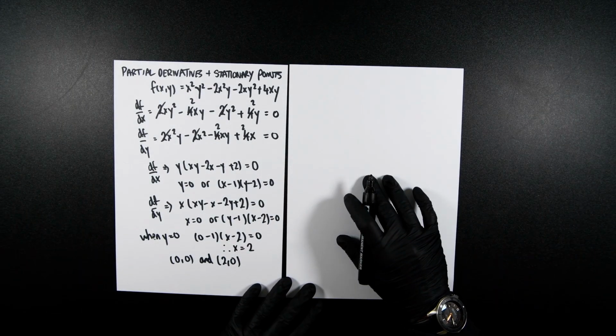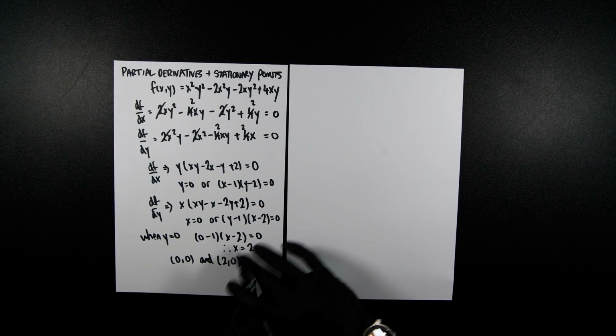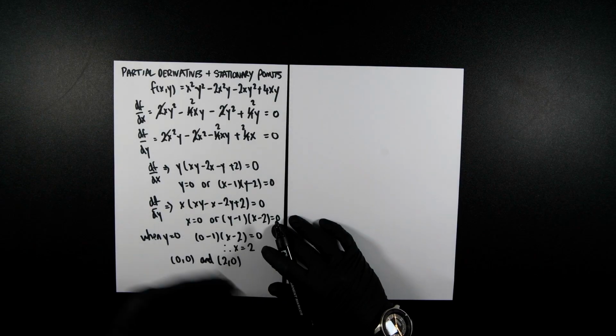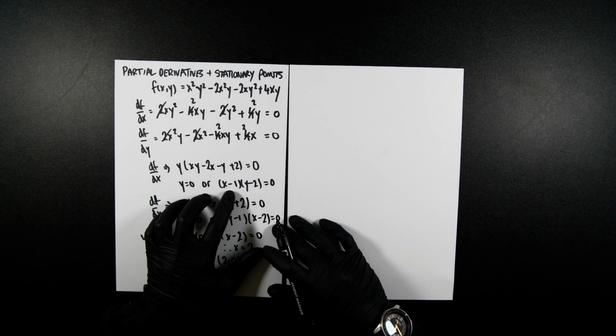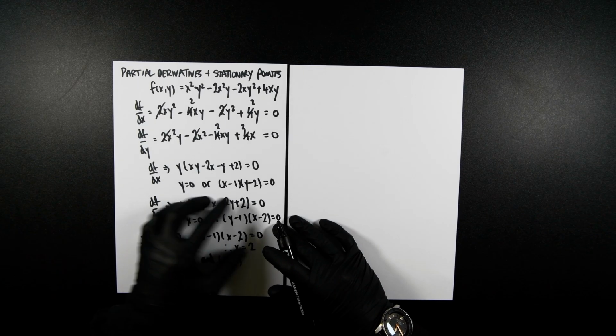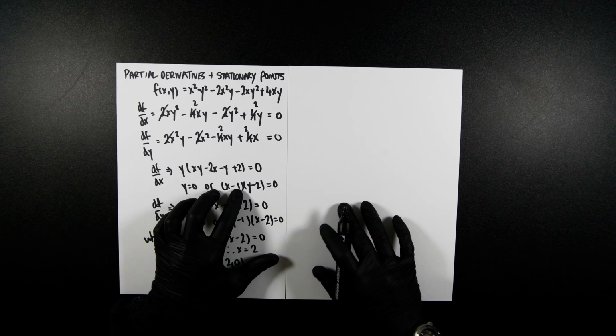We know that x could also equal 1, because obviously x minus 1, x equals 1 is a solution when you expand the brackets up here, and you remove them and you just look at that and make that equal to 0.